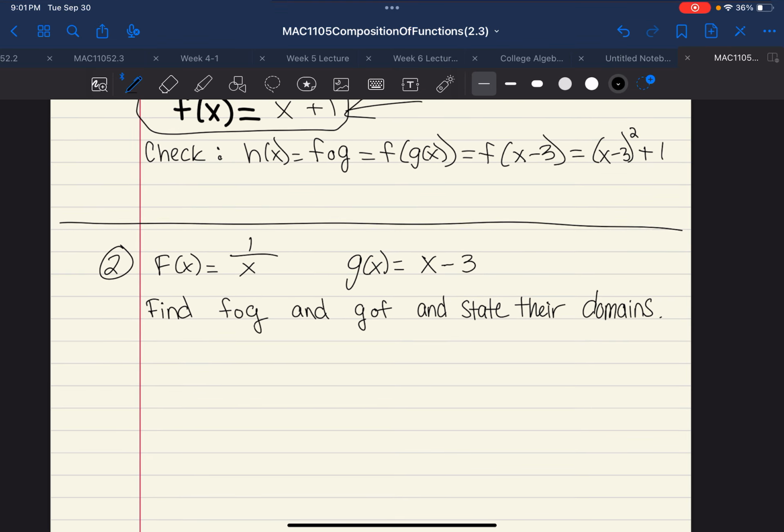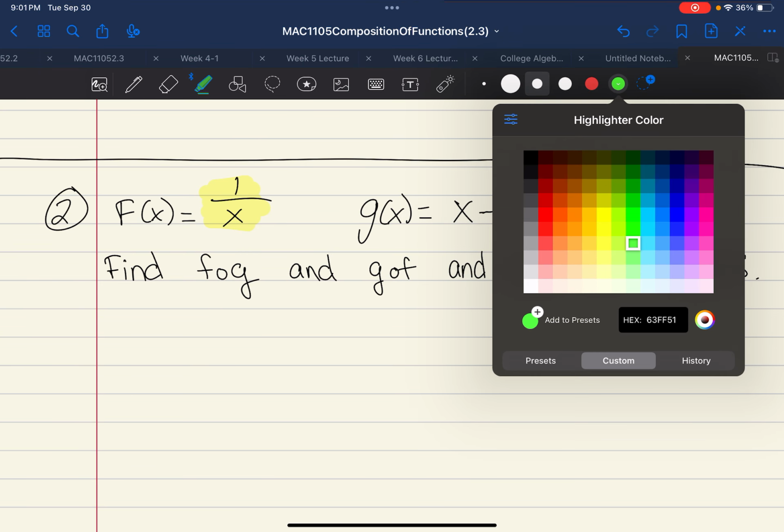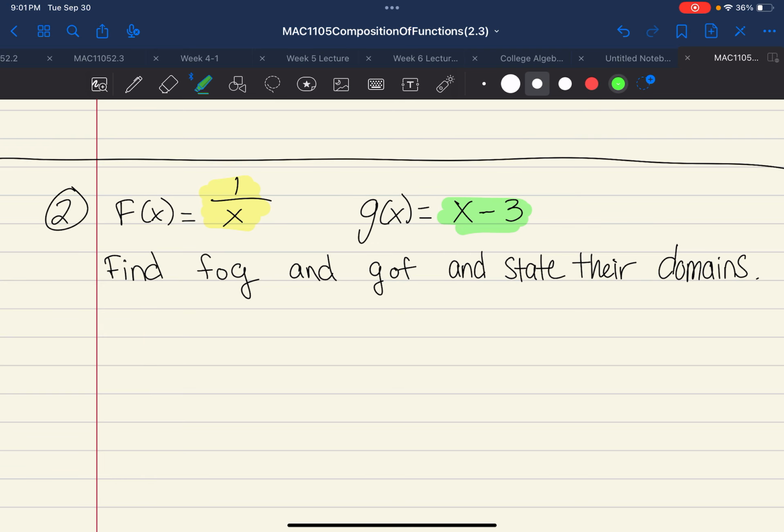Okay, last one gives us f of x equal to 1 divided by x, and g of x is equal to x minus 3. And it wants me to find f of g and g of f and state their domains.